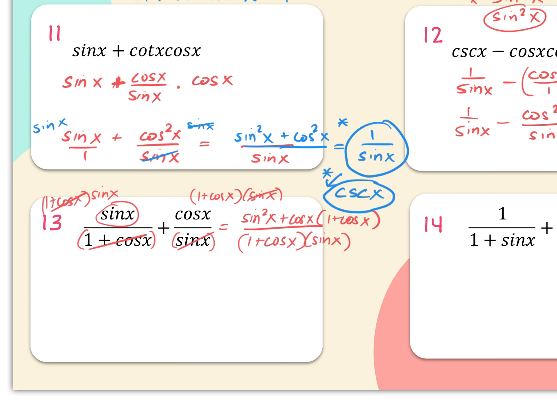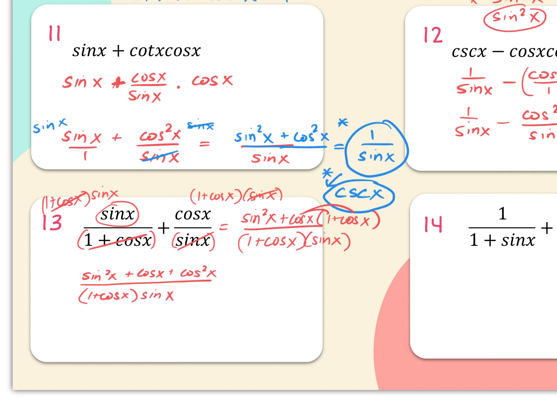I'm going to try to simplify that numerator by distributing that cosine. So I'm going to rewrite it over here. So I have sine squared x plus cosine of x plus cosine squared of x. And my denominator is going to stay 1 plus cosine x times sine of x.